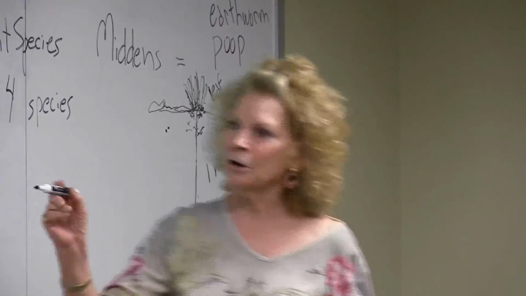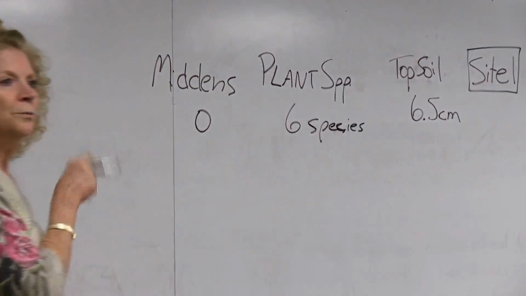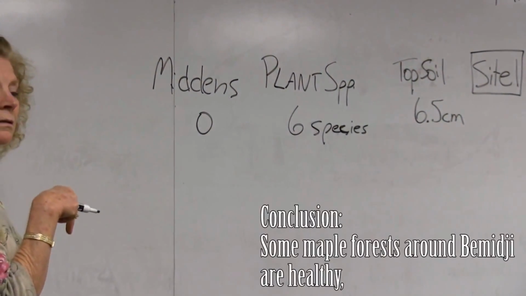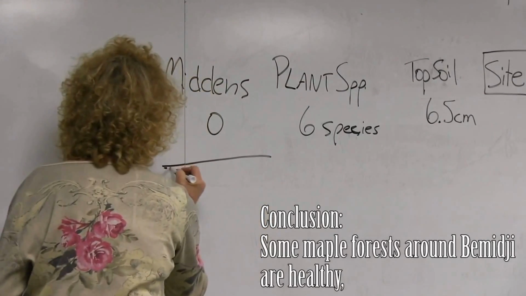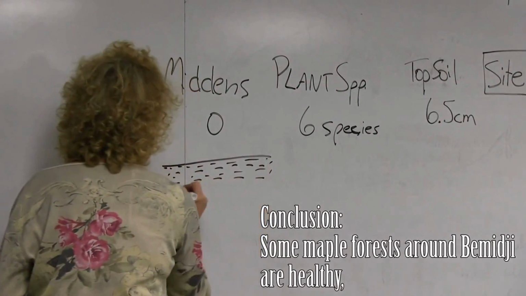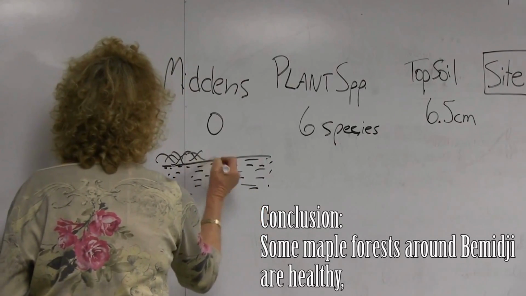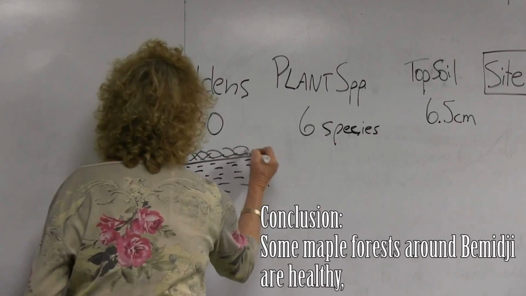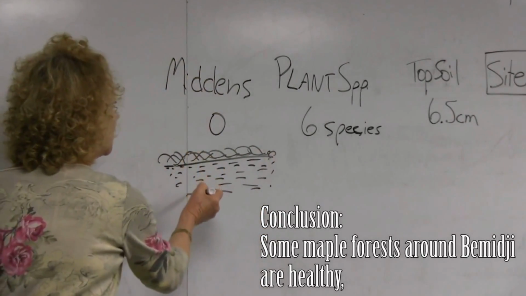In the healthy forest, we found 0 middens, because the soil surface, here you have your topsoil, and this was all covered with leaves. Right? Leaf litter and topsoil.